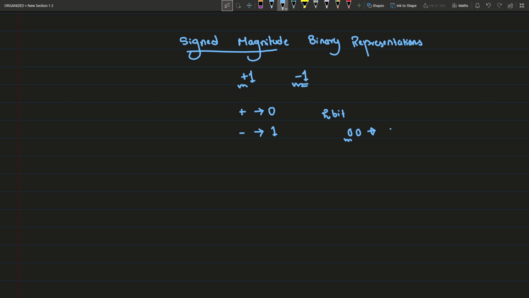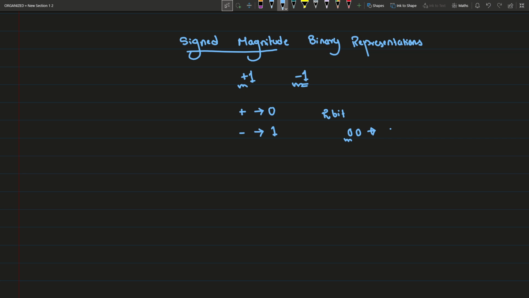In this case, since it's 0, both have the same value. But if I have a number 0, 1, then it is +1. And if I have 1, 1, then it is -1, because the MSB bit represents the sign and the LSB bit represents the magnitude.